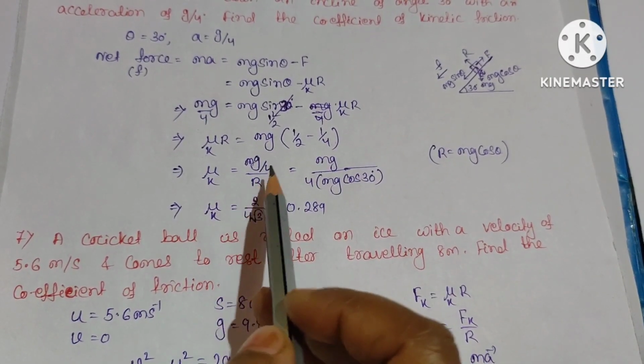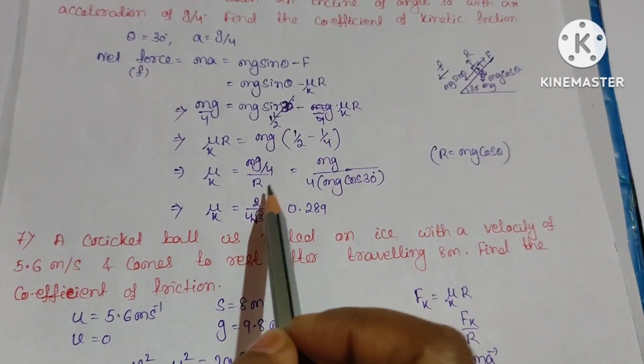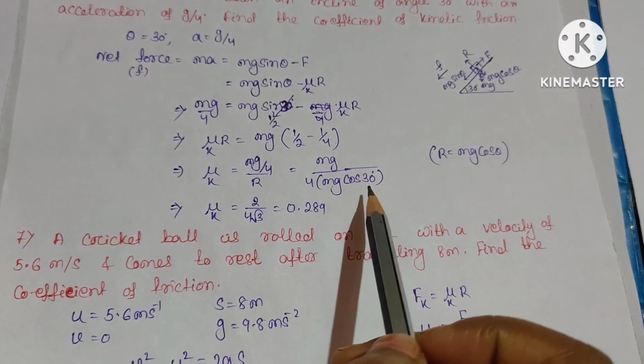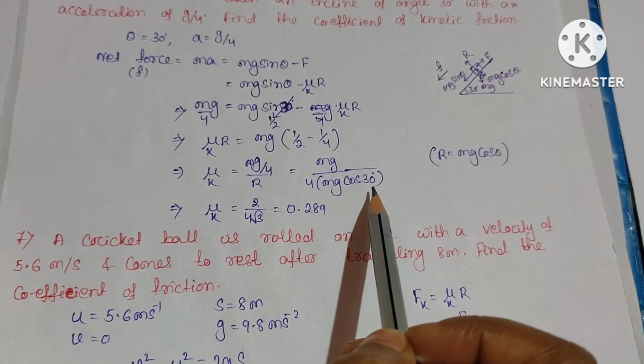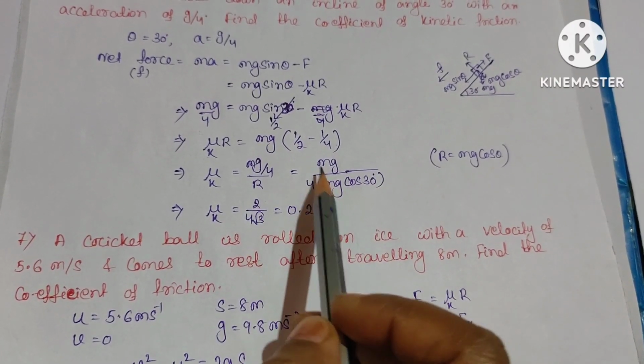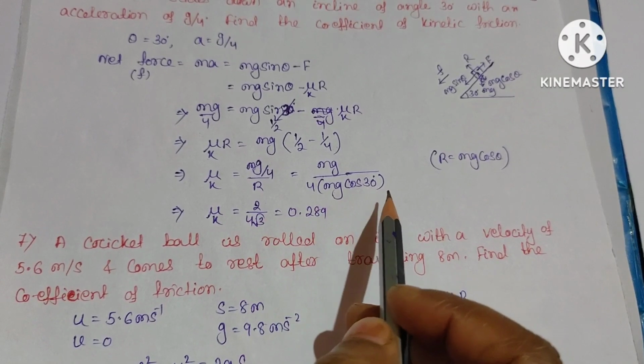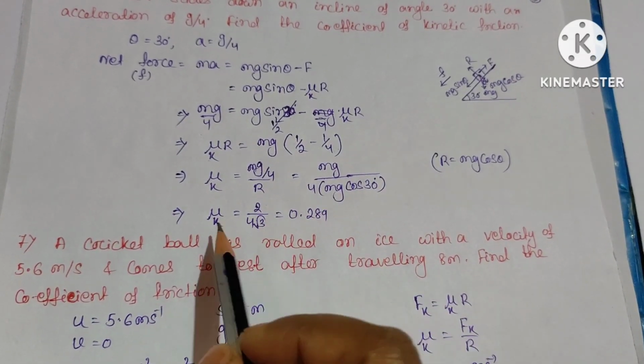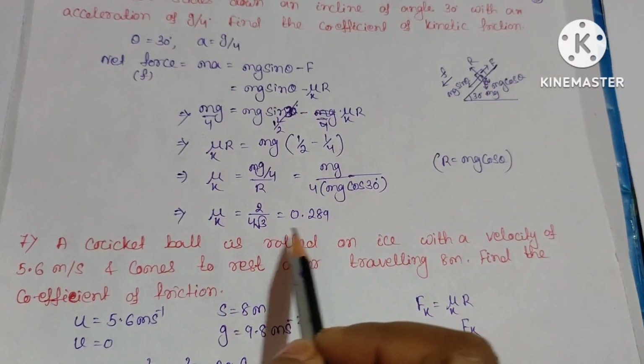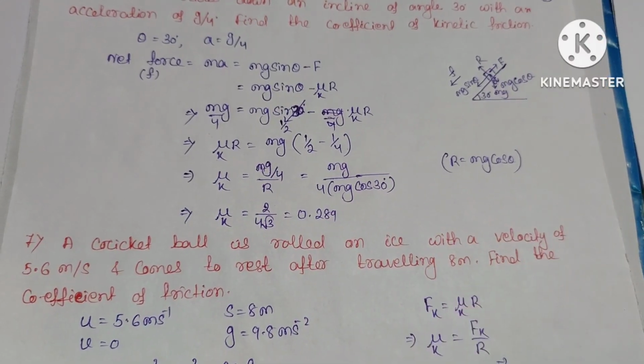So μk will be equal to mg by 4 divided by R, where R is mg cos θ, here cos 30 degree. So mg gets cancelled. Cos 30 is root 3 by 2. So μk will be equal to 2 by 4 root 3, or 0.289.